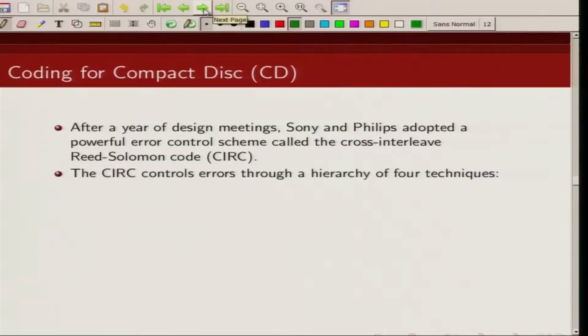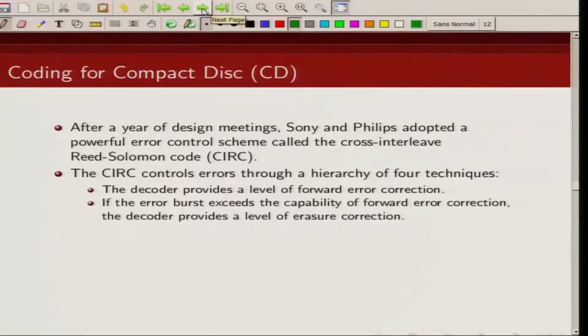and there is a hierarchy of four levels as far as error control and detection is concerned. There is an inherent forward error correction because of the Reed-Solomon code, but if the error burst exceeds the error correcting capability of the code, then the decoder also provides a level of erasure correction.